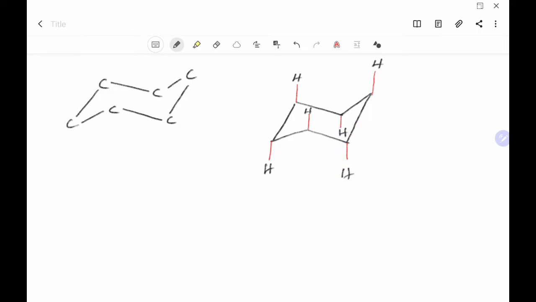All right, so now comes the leftover bond, right? So we are going to draw the leftover bond. If a carbon has a vertical bond going up, the other remaining bond must be going down. So this carbon right here has a carbon hydrogen bond going up, so it must have another bond going down.